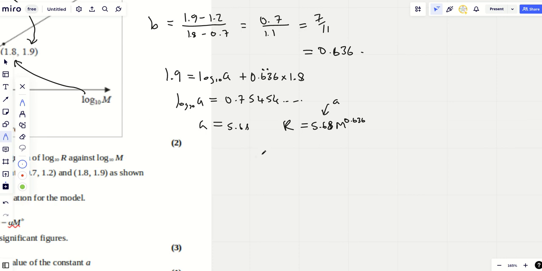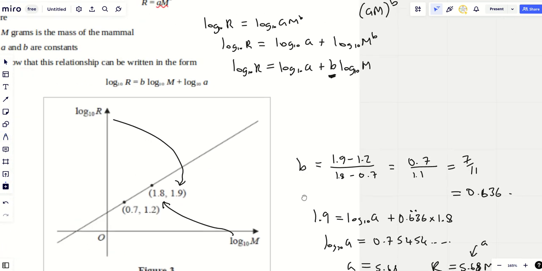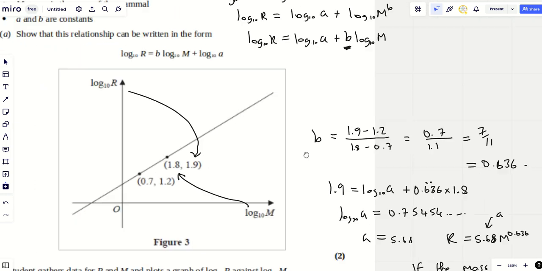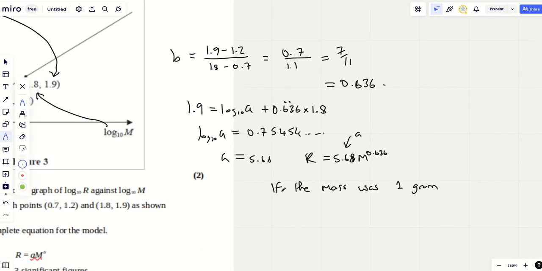What it does represent, though, is you could say, well, if the mass of the animal was 1 gram, then oxygen consumed per hour would be 5.68. And that's all they need you to write.